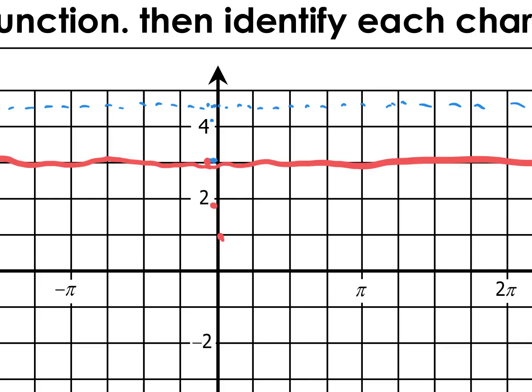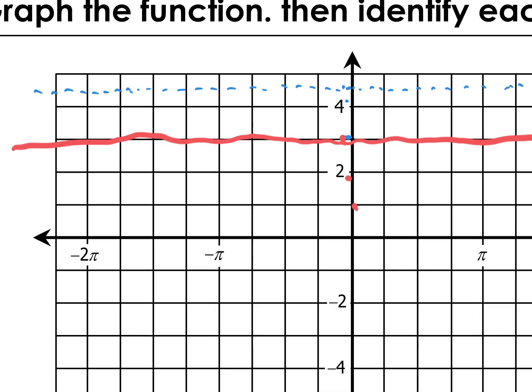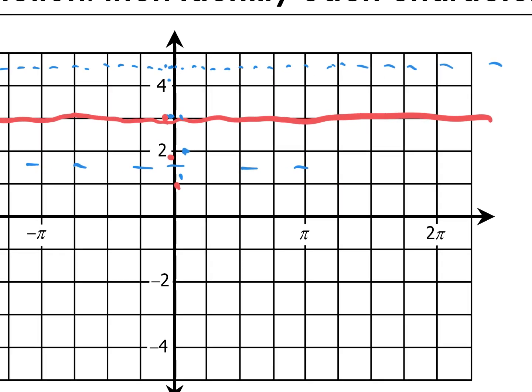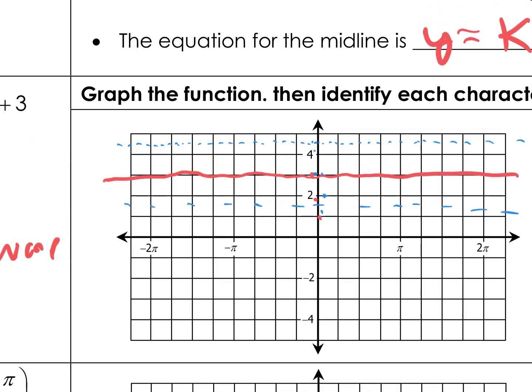So that's how high it's going to go. Go down 1.5. There you go. See, now there's my maximum height, my maximum lows.